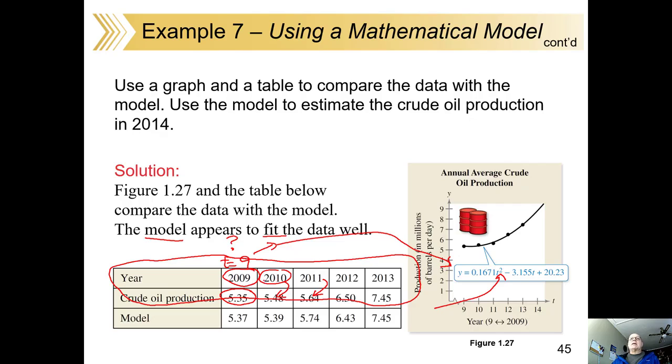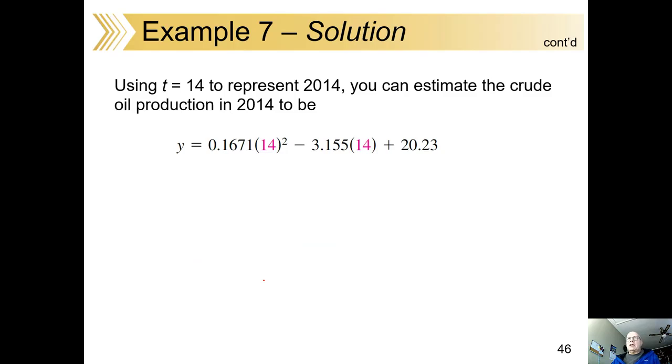That's what it's talking about. So if you want to know what 2014 might give you, just put the 14 in for those T's, and there's your estimate of what 2014 might give you in terms of barrels of oil per day.